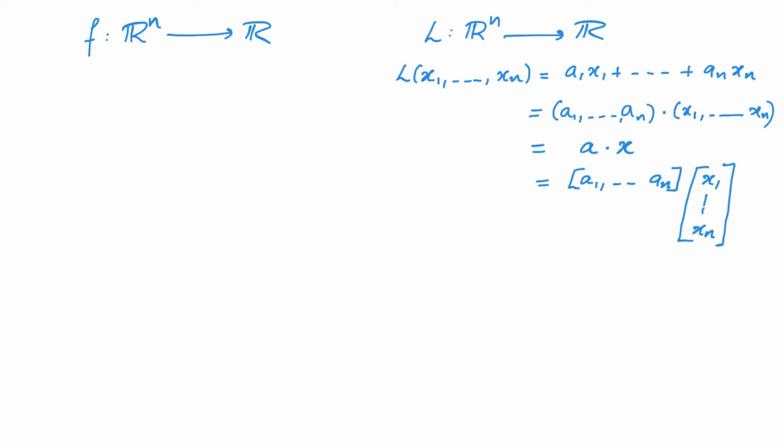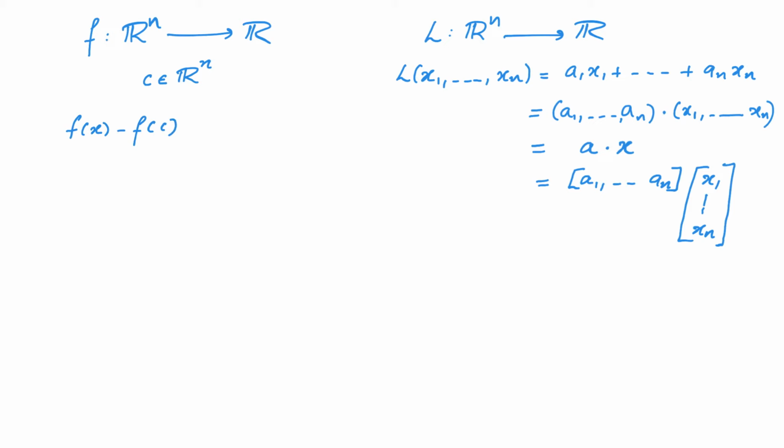Next, we need to understand what we mean by linear approximation of f. First of all, notice that this linear approximation happens only near a point c. It is not a global approximation. So what we mean is that if you look at the difference between f of x and f of c, this behaves like a linear function.